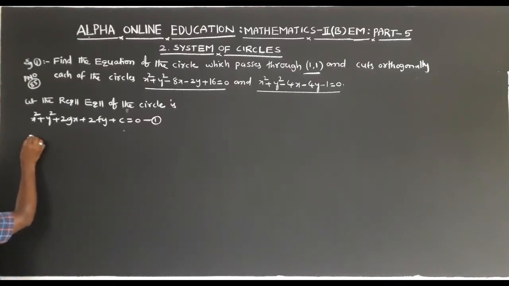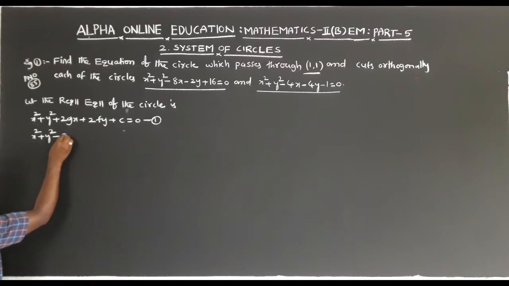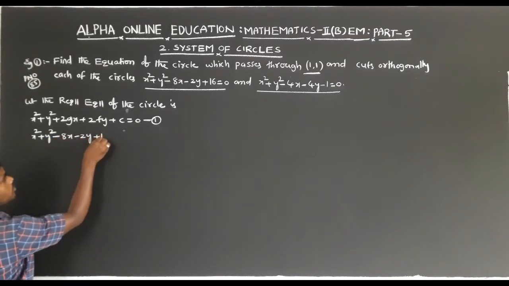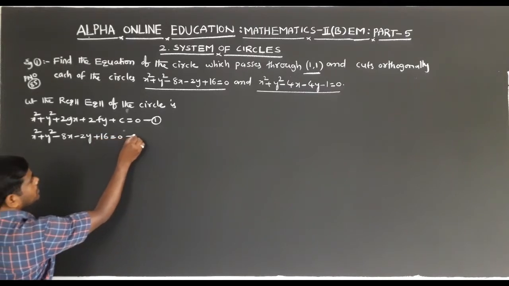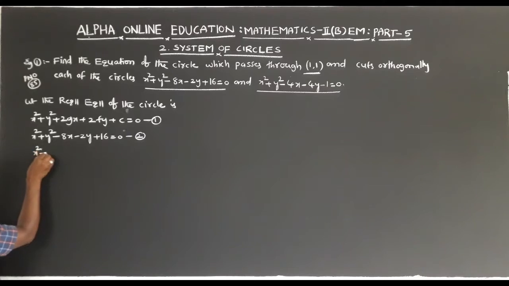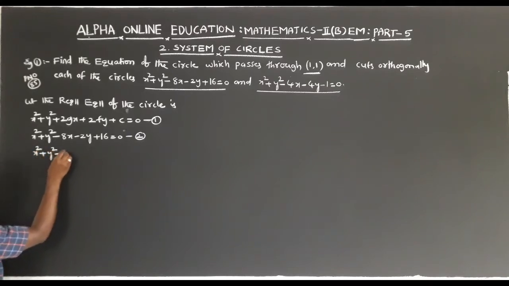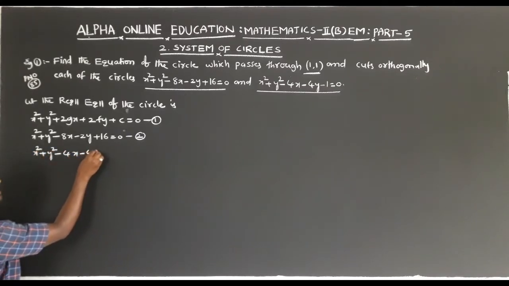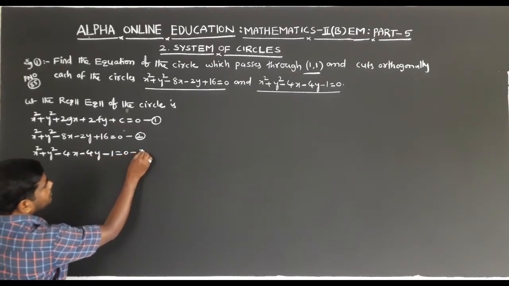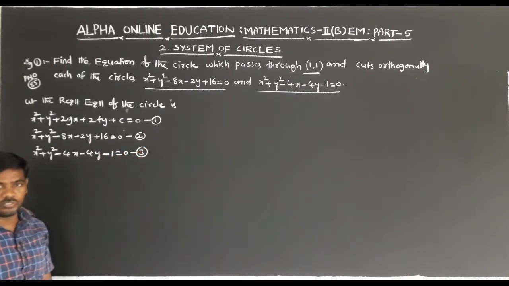The given equations of the circles are x square plus y square minus 8x minus 2y plus 16 is equal to 0 and x square plus y square minus 4x minus 4y minus 1 is equal to 0.